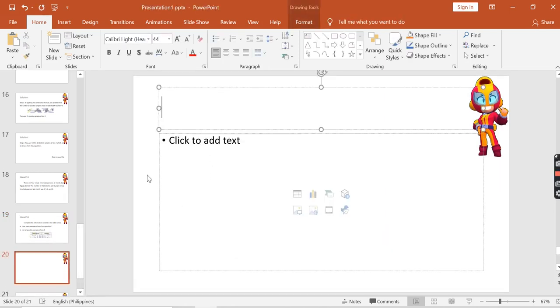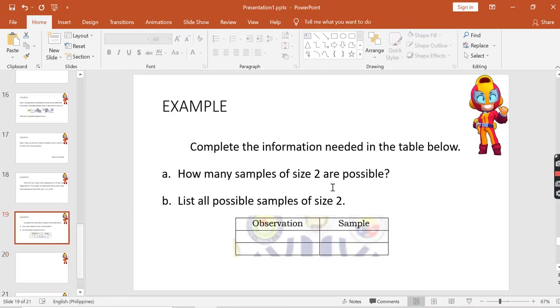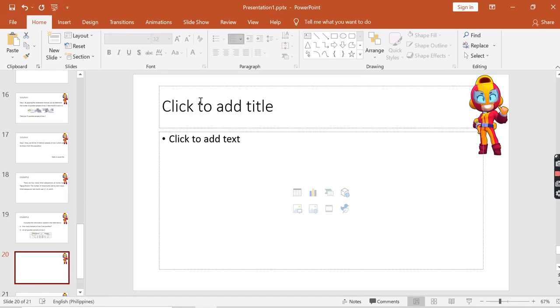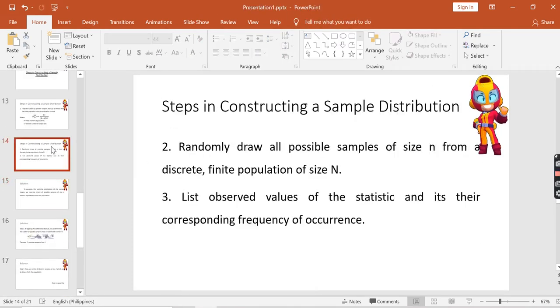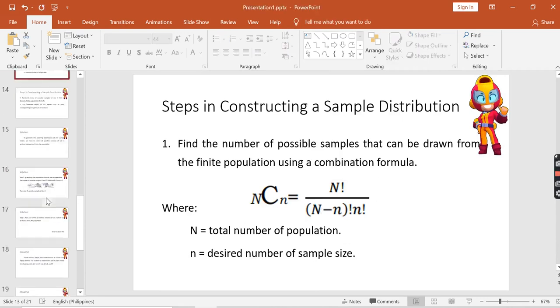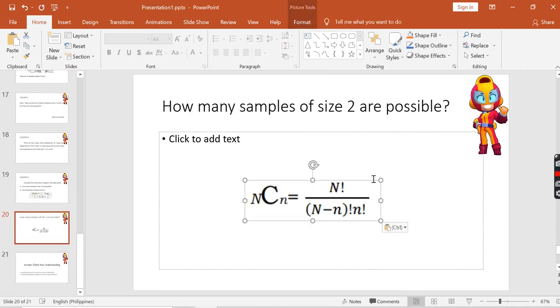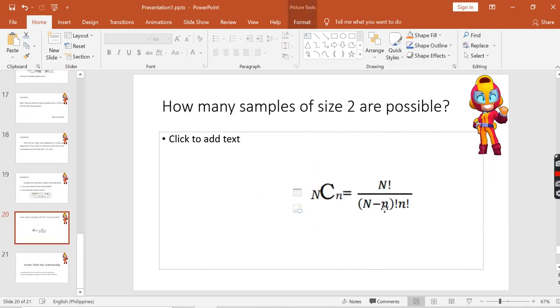So let's compute, samples of size 2. How many? I'm going to copy the question here so that you will have a reference, as well as the formula. So I'm going to copy the formula and then put it here. This formula will be our reference.